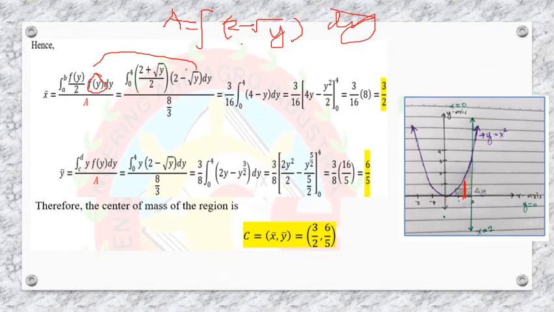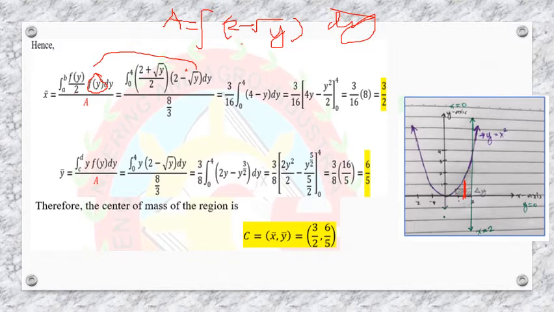Then yung area natin is 8 over 3. So, simplifying this one, we get 4 minus y, 3 times 3 over 16, evaluated from 0 to 4, dy.